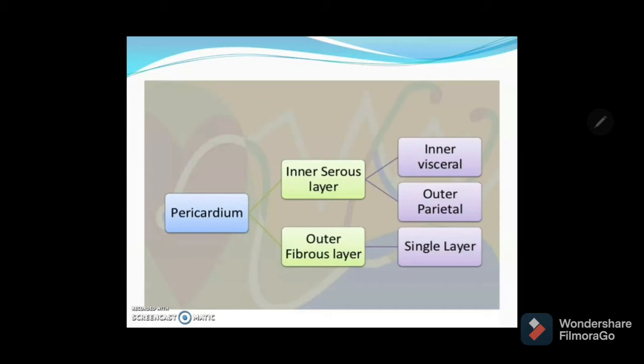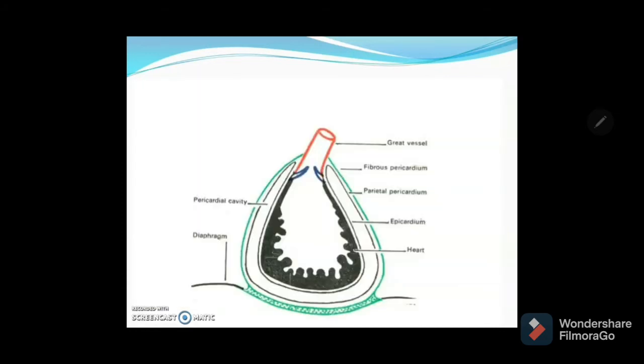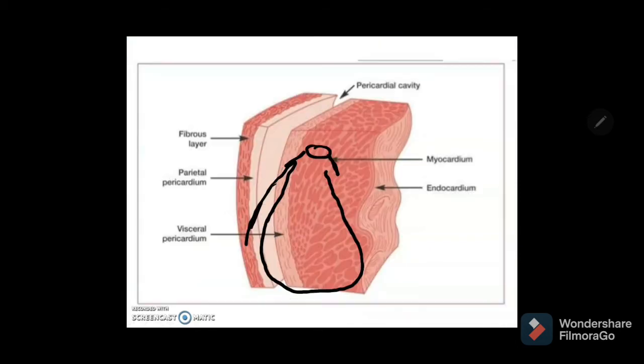The outer fibrous is a single layer, the inner serous is reduced into two layers, parietal layer and visceral layer, because the heart projects into it. You can notice here the outer fibrous pericardium is open, whereas the inner serous sac is closed and has a visceral layer which is intimately attached to the heart and a parietal layer which is intimately related to the fibrous pericardium.